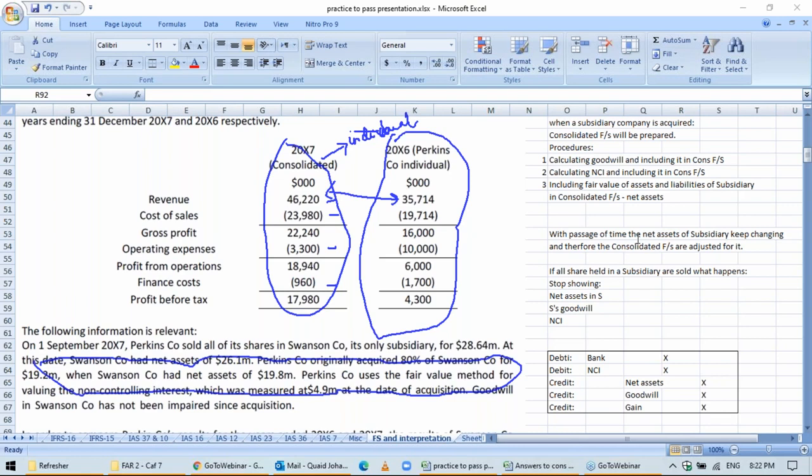Yes, there is a question from me to calculate the gain in the parent's financial statements only. So I'll do it first and then move ahead. See, there's a simple thing in there.